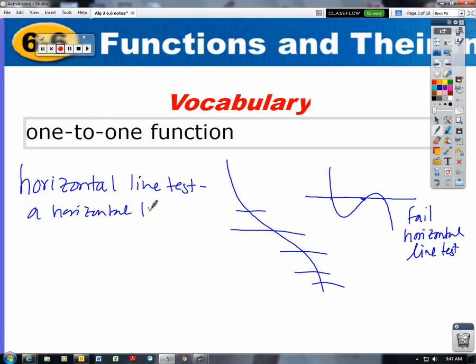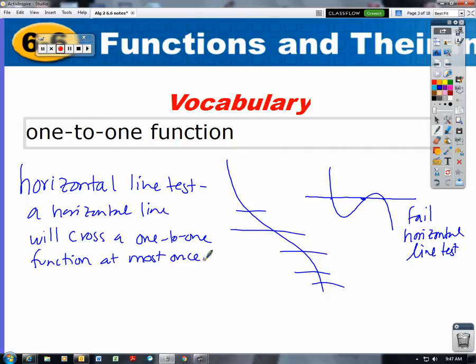A horizontal line will cross a one-to-one function at most once. And when that happens, if it is one-to-one, then the inverse will also be a function.